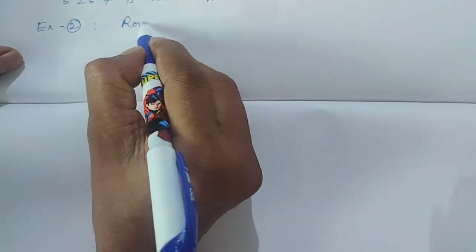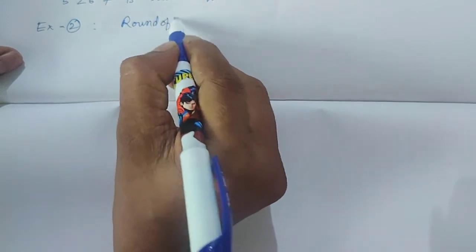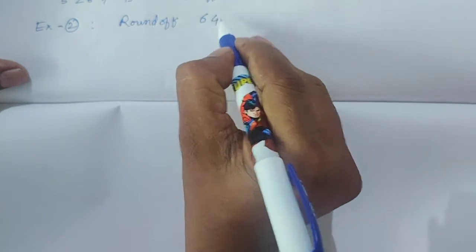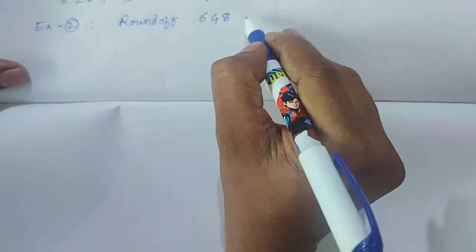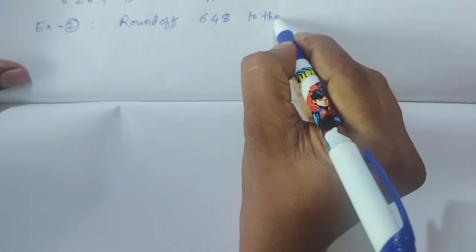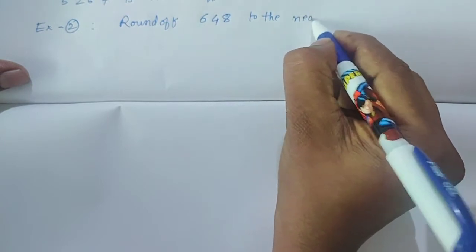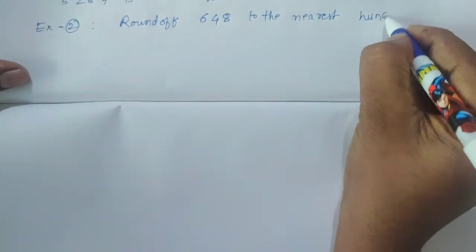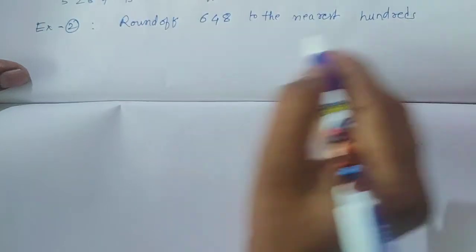Let us see one more example. Example number 2. Round off 648 to the nearest hundreds.